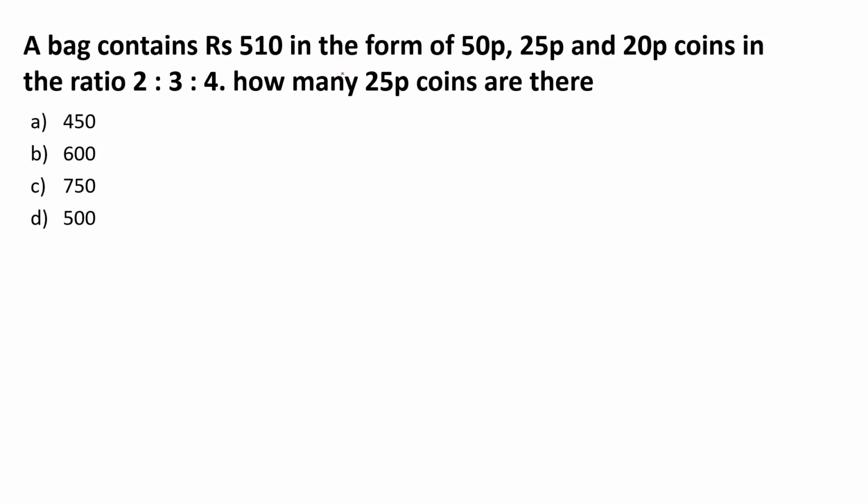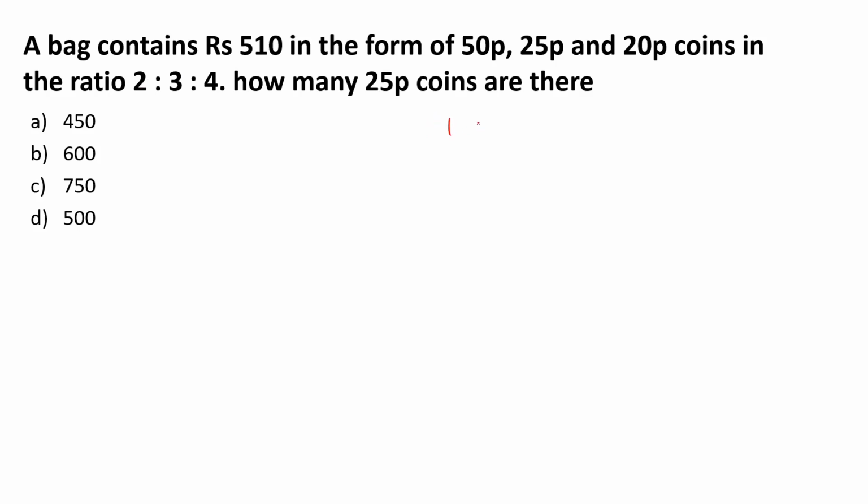Let us assume again the number of 50 paisa coins were 2. Then we need to calculate the amount to compare with the 510. When there are 2 50 paisa coins, then the amount would be 1 rupee.